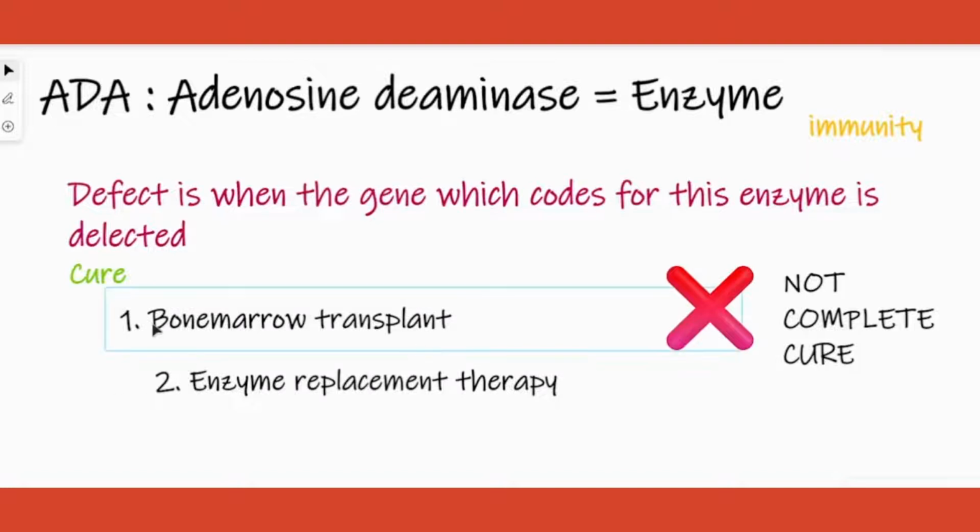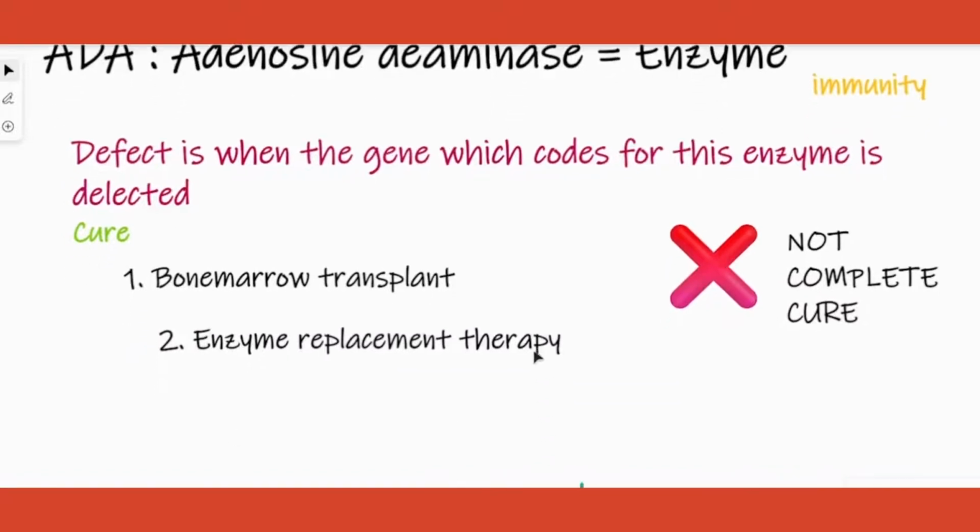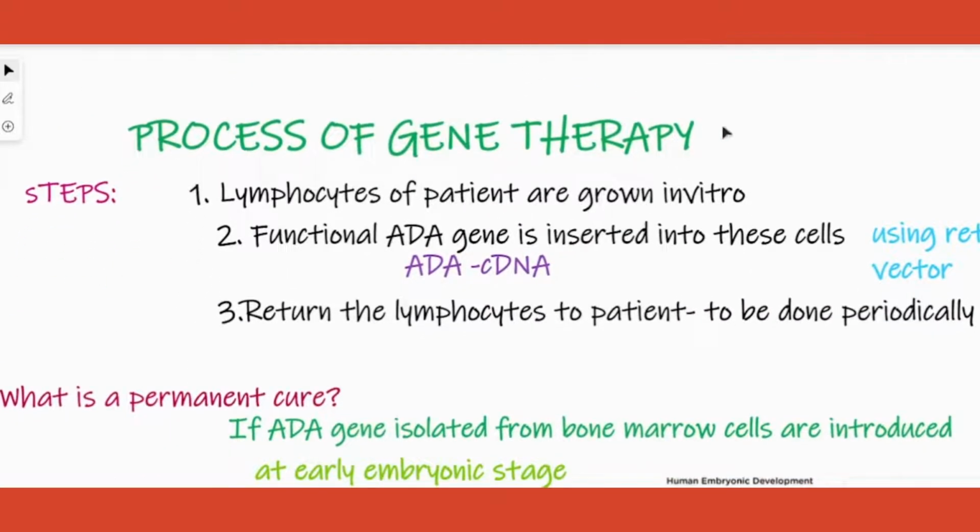So, transplantation of bone marrow is one option. Another is enzyme replacement therapy, that is injecting this enzyme adenosine deaminase into the patient. Those are the two methods. But these are not a complete cure. These are to be done multiple times. So we need to look for our gene therapy method.